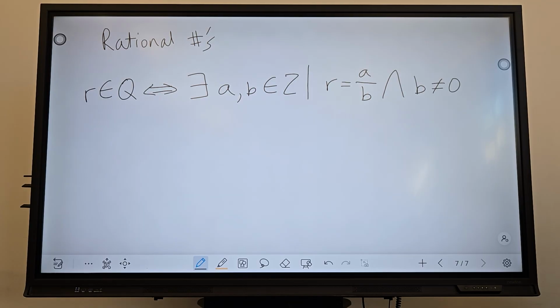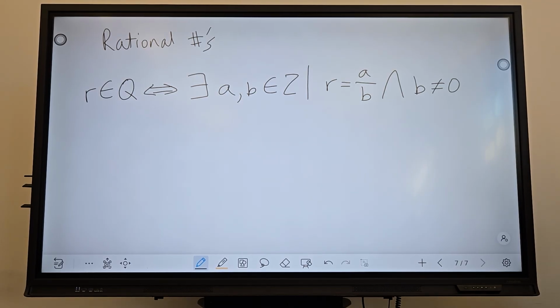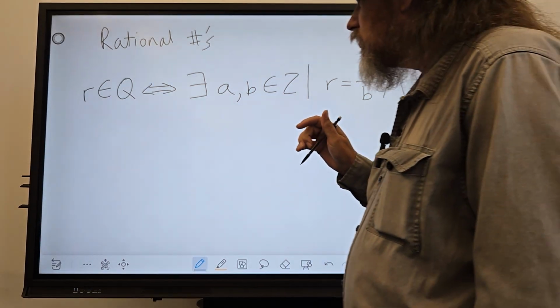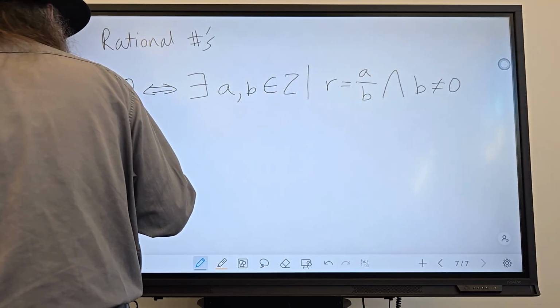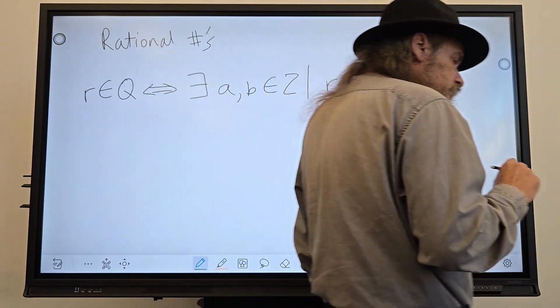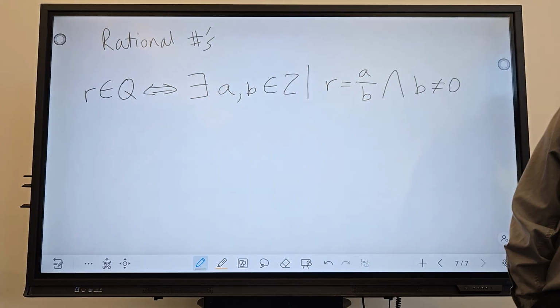Let's see here. One thing that is helpful for dealing with rational numbers is the zero product property.